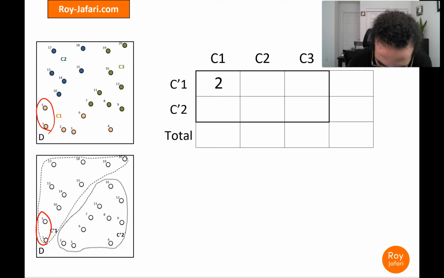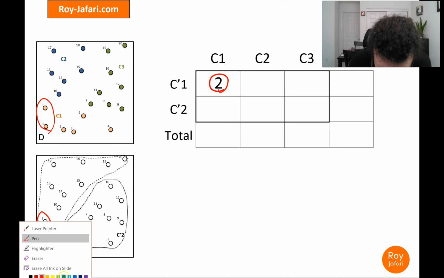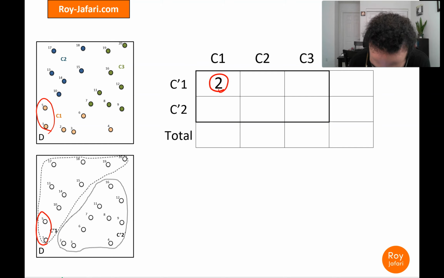Let me go through this completely, and change my color here. And then we've got four data objects under C'2 and C1. So these are those four data objects.